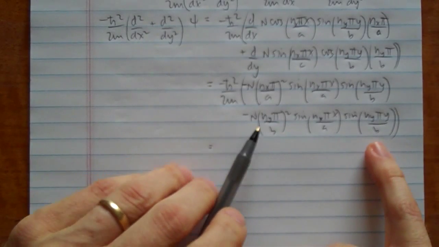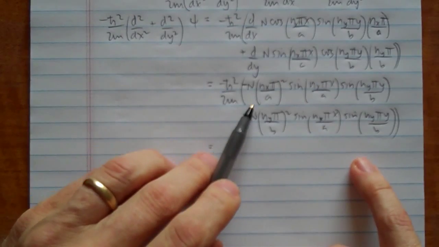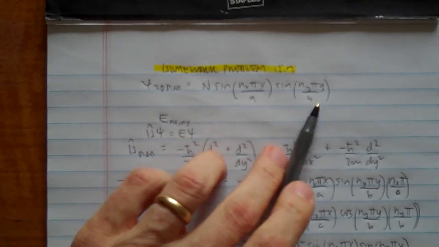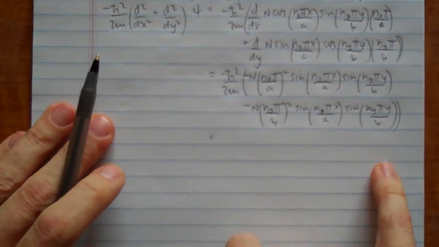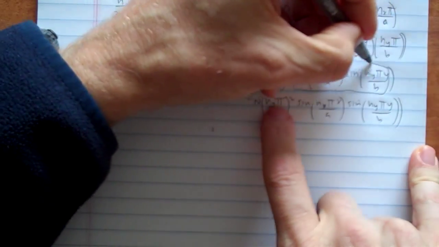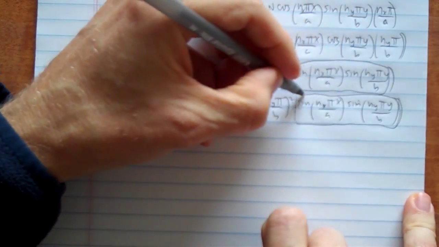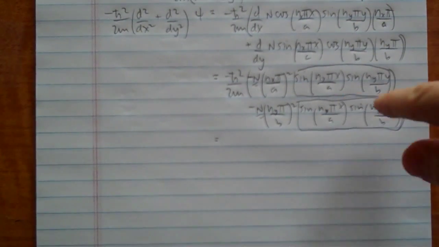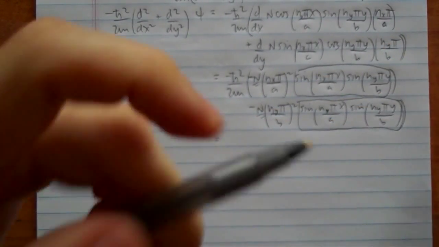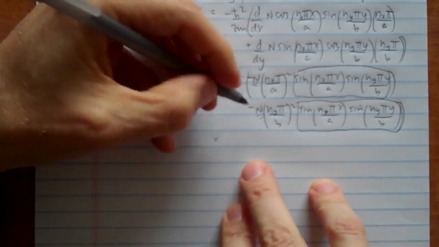Okay, now it looks like I've got negative n. I can pull that out twice. I'm going to pull this n out front. No, you know what? That's part of the wave function. Remember, from the wave function, that's n. So I'm going to try to make our wave function fall out of this. So let's go back here. And it turns out there, and there, and there, and there, right? I've got two terms here. Negative n blankety blank minus negative n blankety blank. So if I pull that out of both terms, it's just going to be psi.